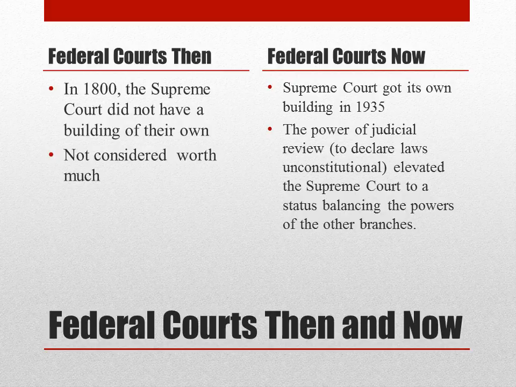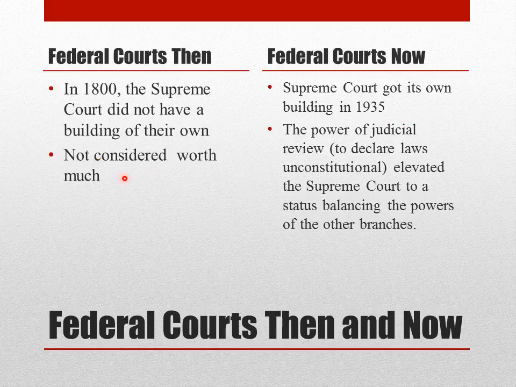It could work in there, or the president could work in the White House. The judicial branch didn't get anything. So the Supreme Court didn't have a building of their own until 1935. That is insane! That is shocking to me. It took over 135 years for the Supreme Court to actually get its own building.